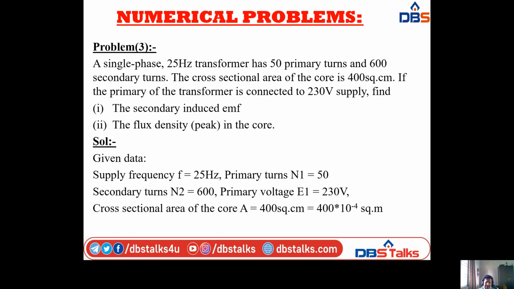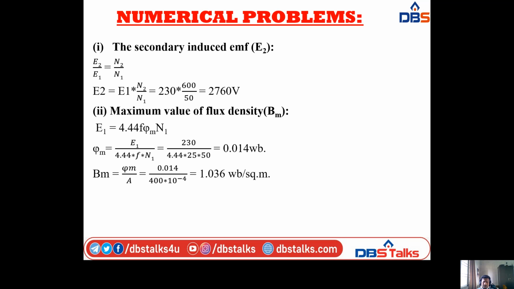400 centimeter square, convert into meter square, that is multiplied by 10 power minus 2 whole square, that is 10 power minus 4. We know the transformation ratio K is equal to V2 by V1 is equal to E2 by E1 equal to N2 by N1.